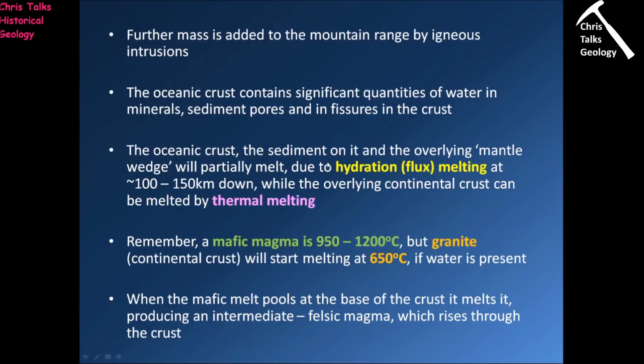Now, our mafic magma has a temperature of around 950 to 1200 degrees Celsius. It's hot. The continental crust, which is mostly made of granite, will start melting at 650 Celsius if there's water around. So you're putting something at nearly twice the melting point of the granite.